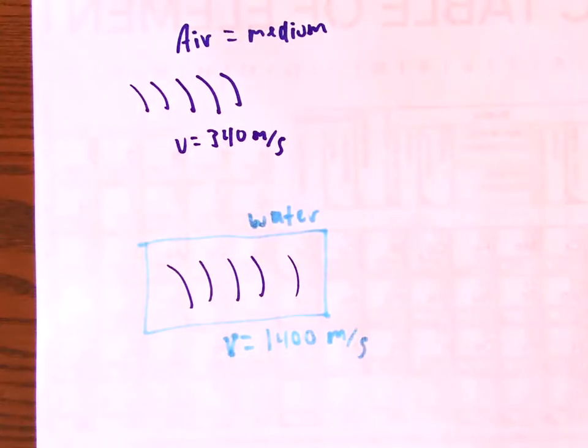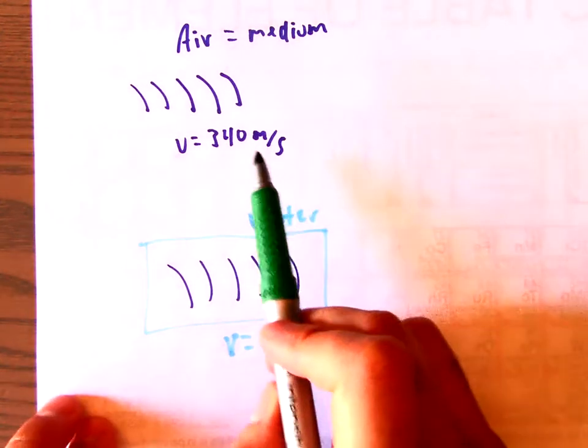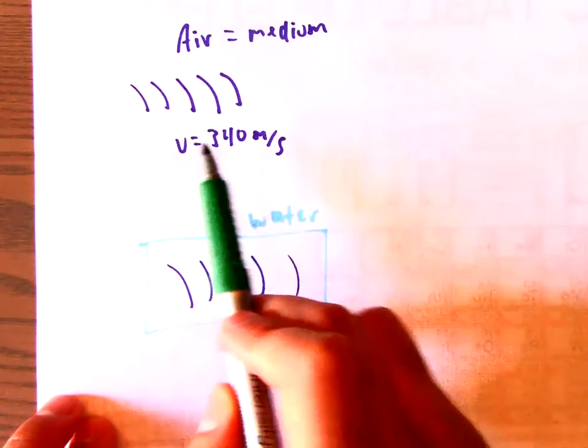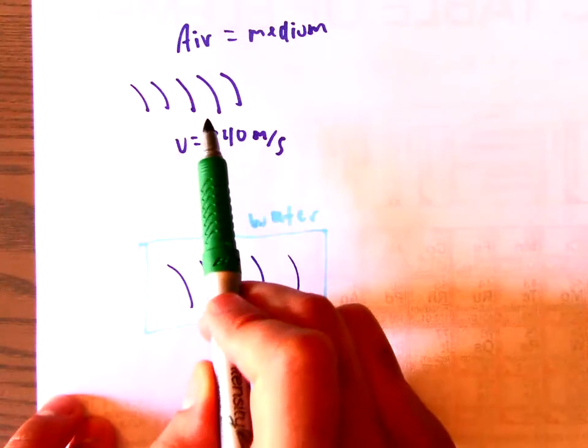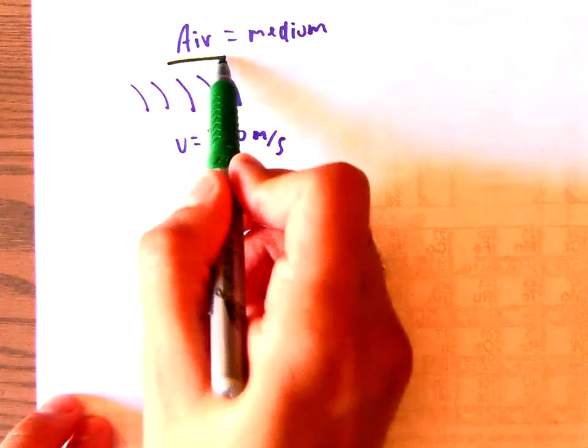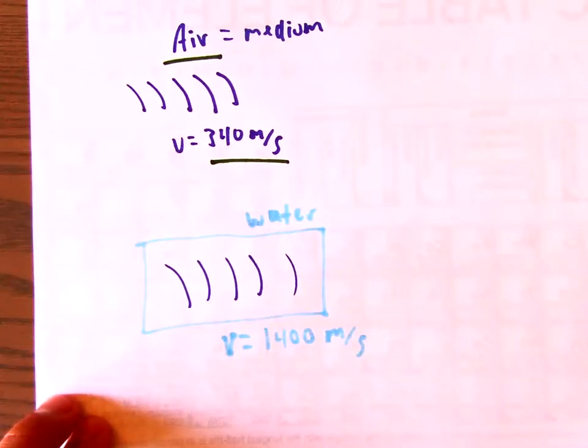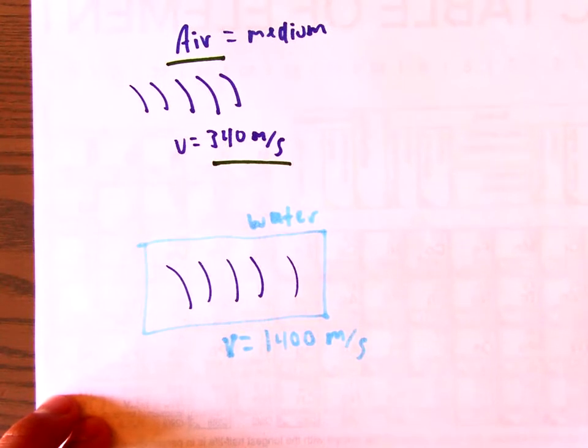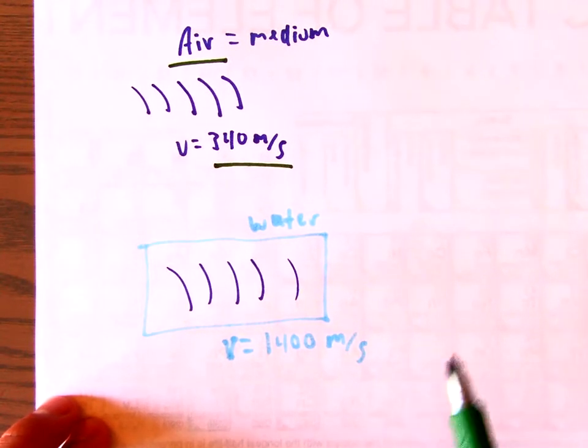All right, the main thing I want you guys to get out of this is that if I keep my medium, it doesn't matter what type of sound wave it is. If my medium is air, this is always going to be my speed. Okay, so in other words, your speed only changes if you change the medium.